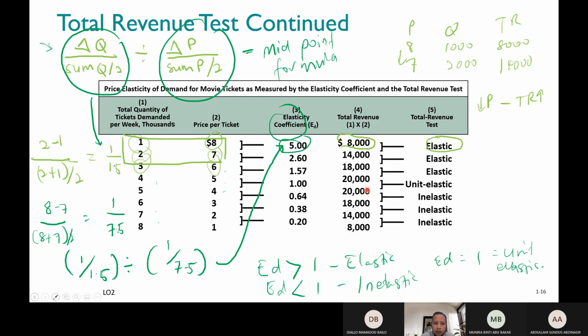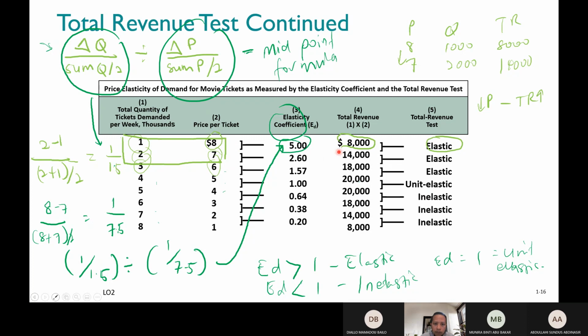Okay, so let's say you are an owner of the movie cinema, so then you have to decide what is actually the best price that you can set, right, to get the maximum revenue that you can get. So you can experiment on the price changes.